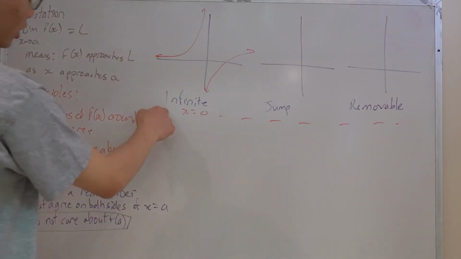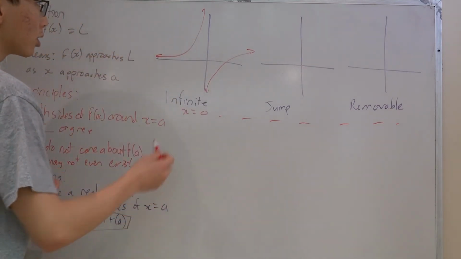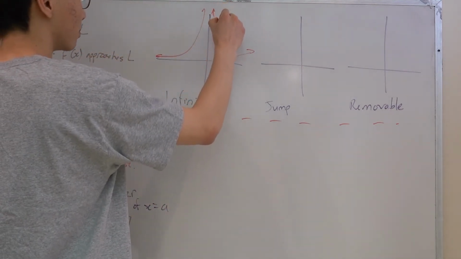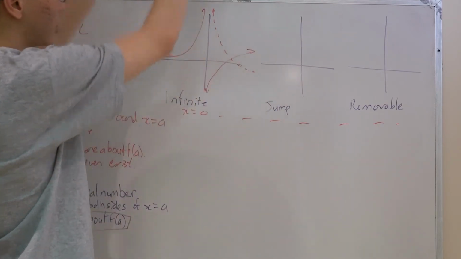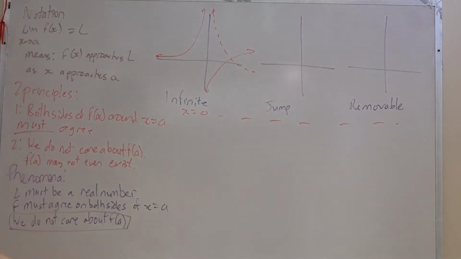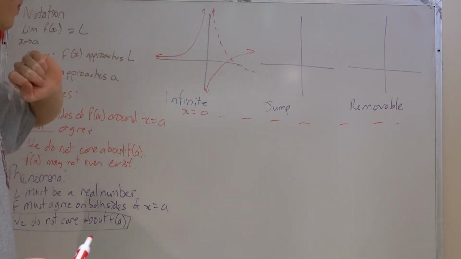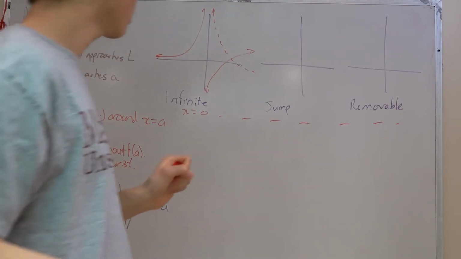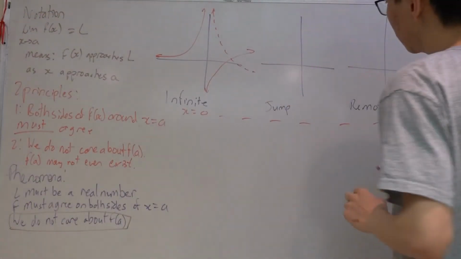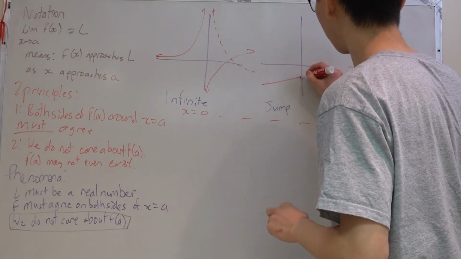Now an infinite discontinuity can look like this, but it can also potentially look like this, right? So if both sides go to infinity, that's also a discontinuity, and the reason why it's a discontinuity is because it just straight up isn't there. It's not even there. A jump discontinuity usually looks like this.